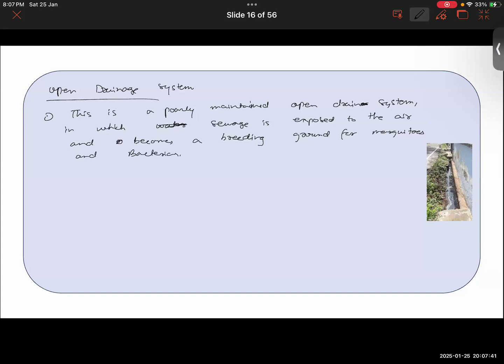So thereby, will this one not lead to a spread of diseases?